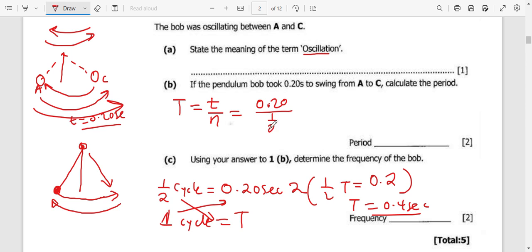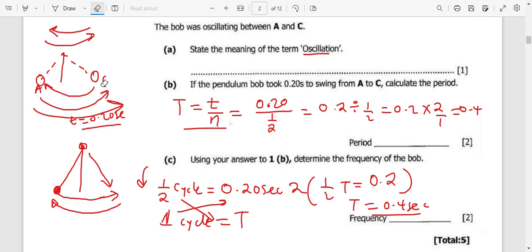So divided by 1 over 2. Dividing something by 1 over 2, you can also write as 0.2 divided by 1 over 2 like that. We change to multiplication: the 2 goes on top, the 1 comes down. So this will still give us 0.4. So you can use the formula or you can use this relationship. That is how you are able to determine the period.